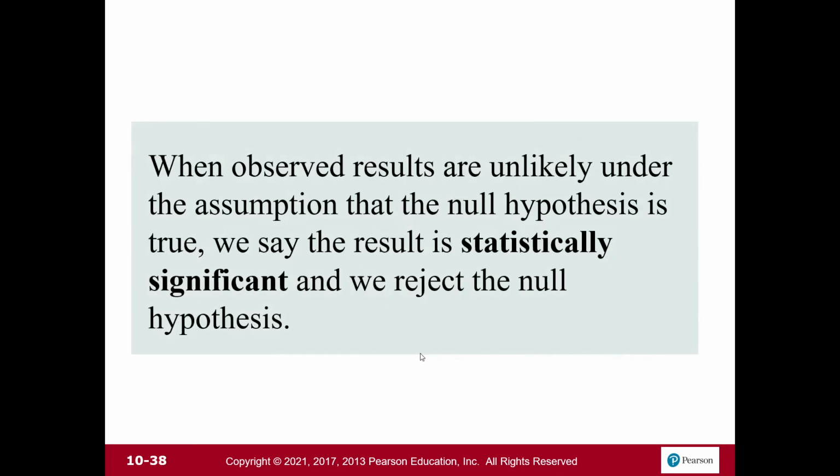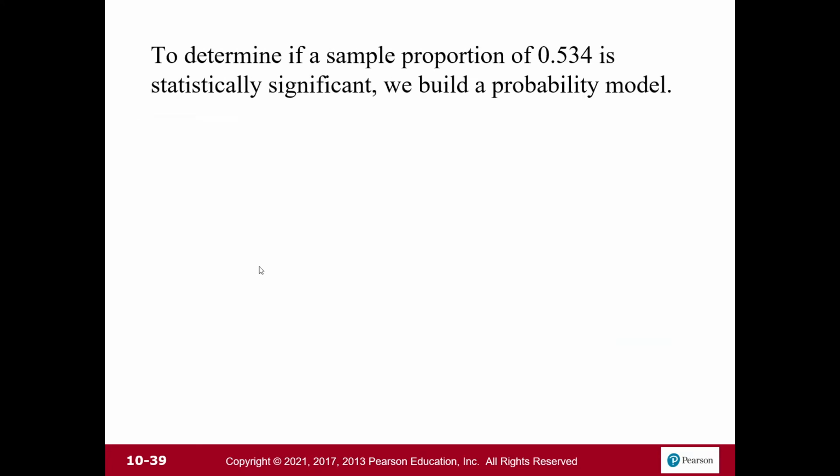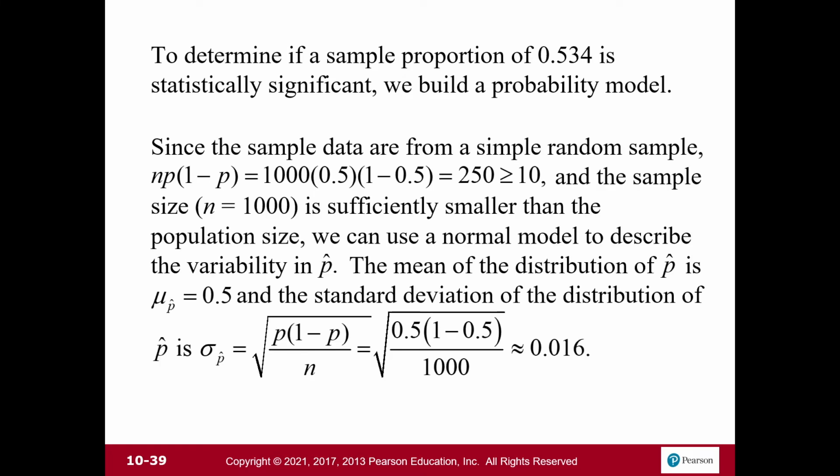Let's move on. When observed results are unlikely under the assumption that the null hypothesis is true, we say the result is statistically significant and we reject the null hypothesis. So to determine if a sample proportion of 0.534 is statistically significant, we build a probability model.